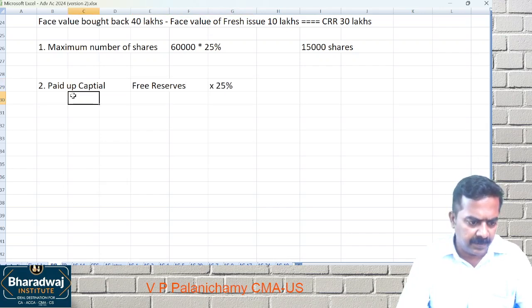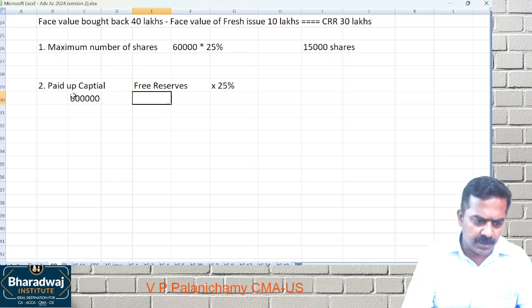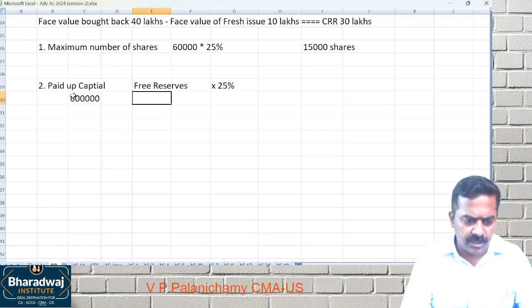What is the paid up capital? It is 66 lakhs. Plus what free reserves are there? General reserve, plus securities premium of 3 lakhs, and 2 lakhs. Okay, 2 lakhs is there.